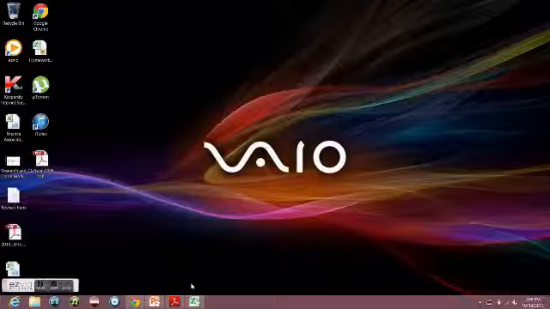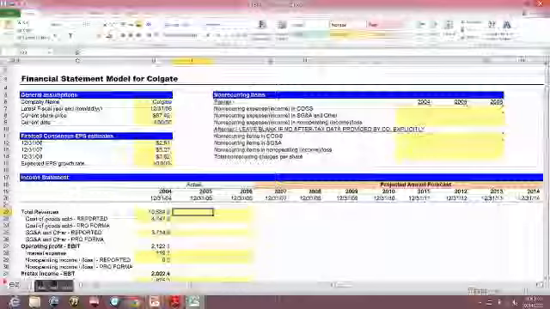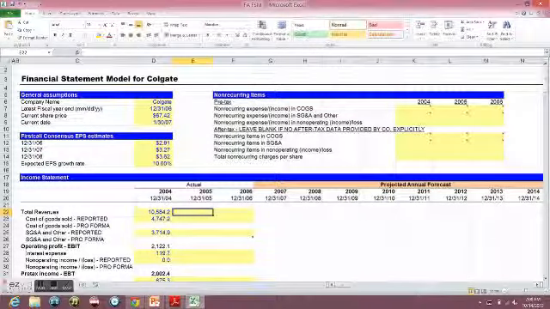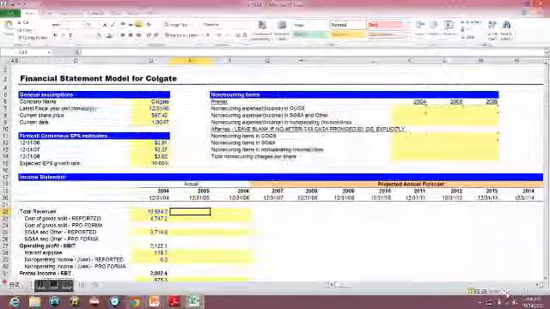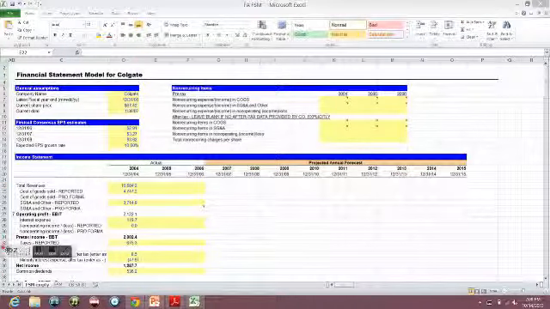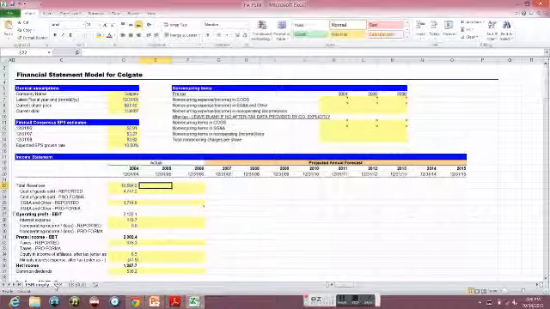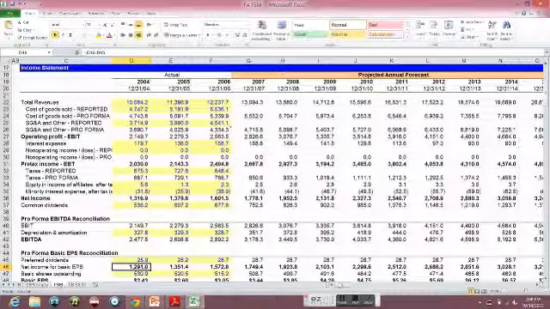Okay, so let me first pull up the model. You should have this downloaded off of Dropbox. There is an empty version, and there is a full version, as you can see.